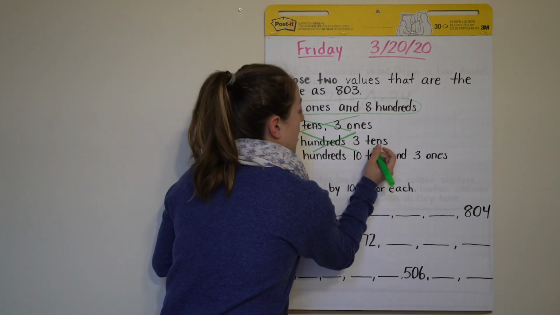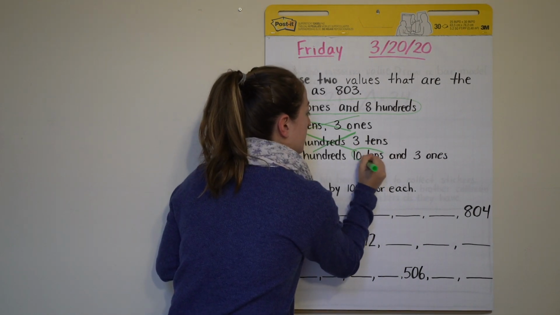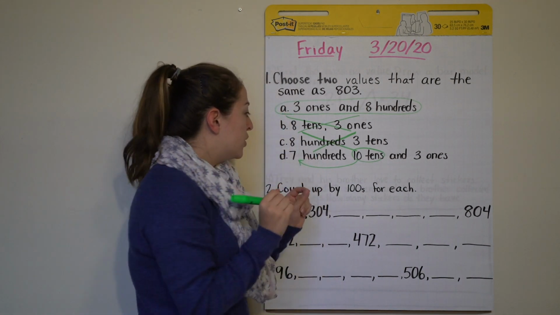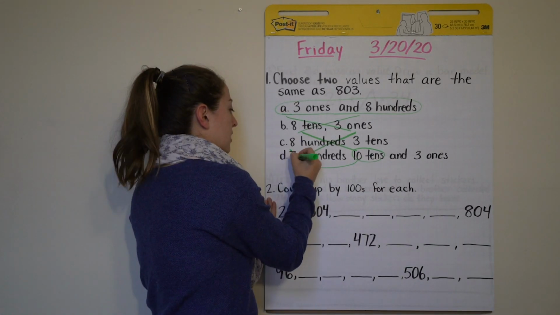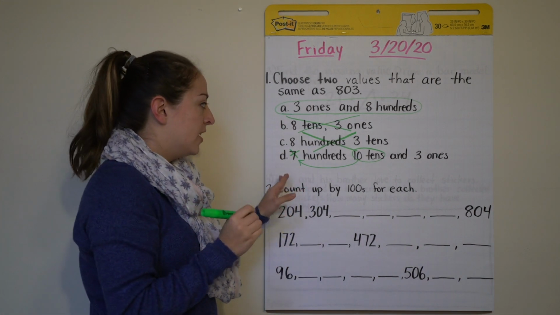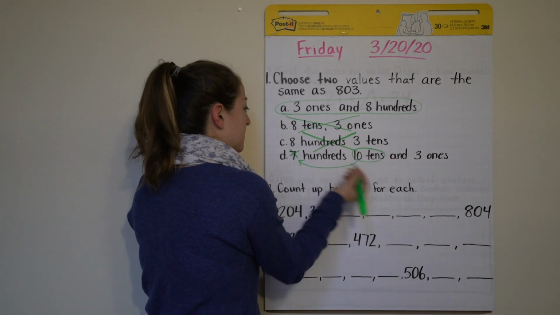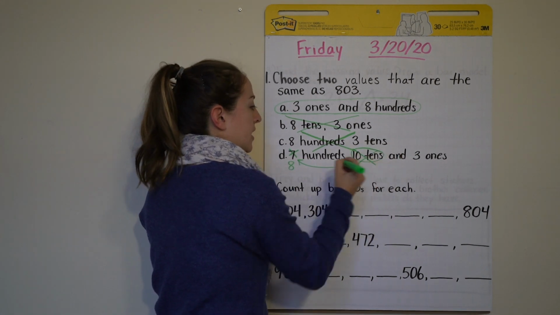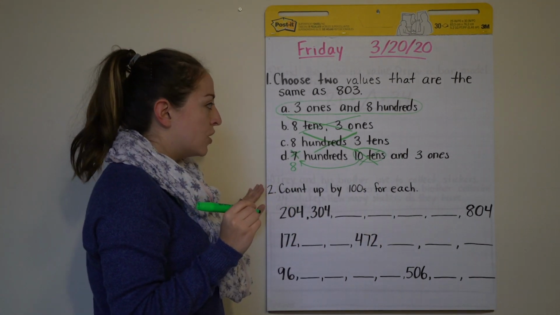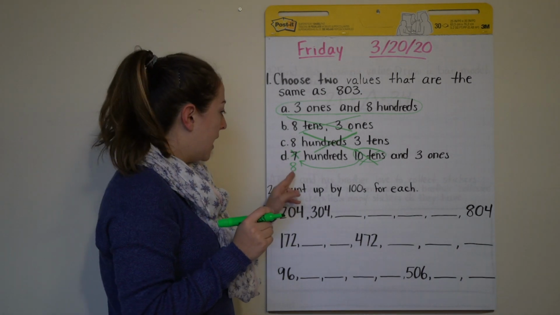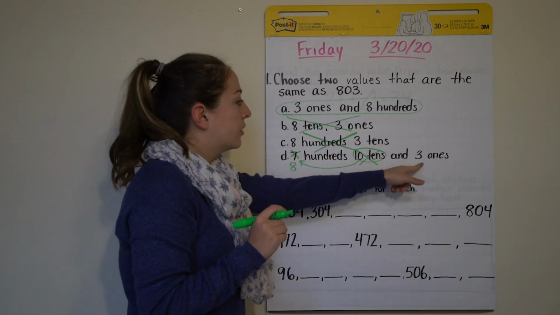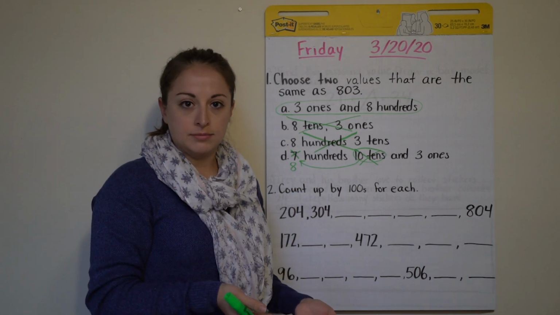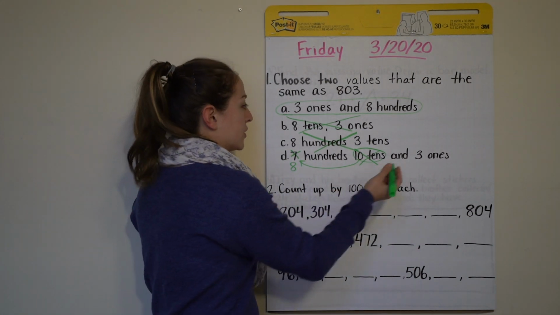So, I want you to circle this, and put it over here, and cross that out, and you're going to have 8 hundreds because 10 tens makes another 100, so you're going to put an 8 here, and we're going to cross this out. We don't have our tens anymore. So when you really look at it, 8 hundreds and 3 ones, that is the same value as 803, okay? So we're actually going to circle this one.